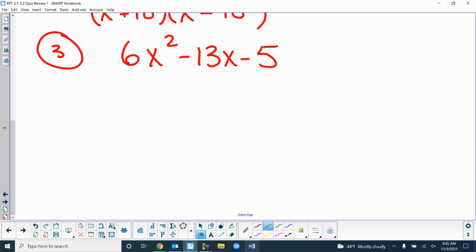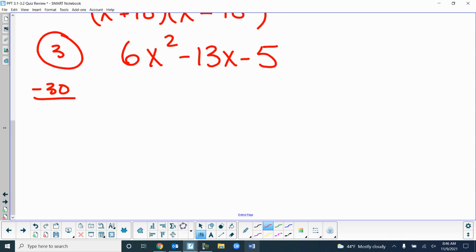So I have to multiply 6 times -5 and get -30. Now I'm looking for factors of -30 that add up to -13. All right? A lot of you are thinking 10 and 3. But if I go -10 times a +3 to get -30, when I add those, I get -7.